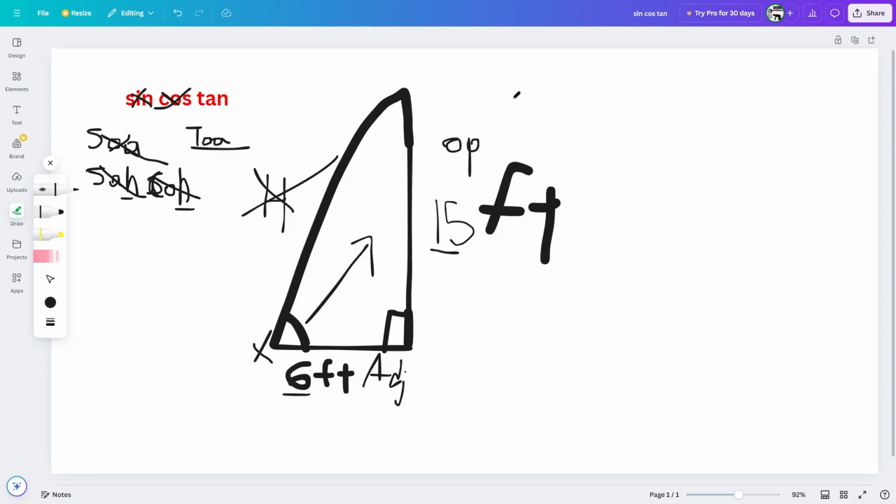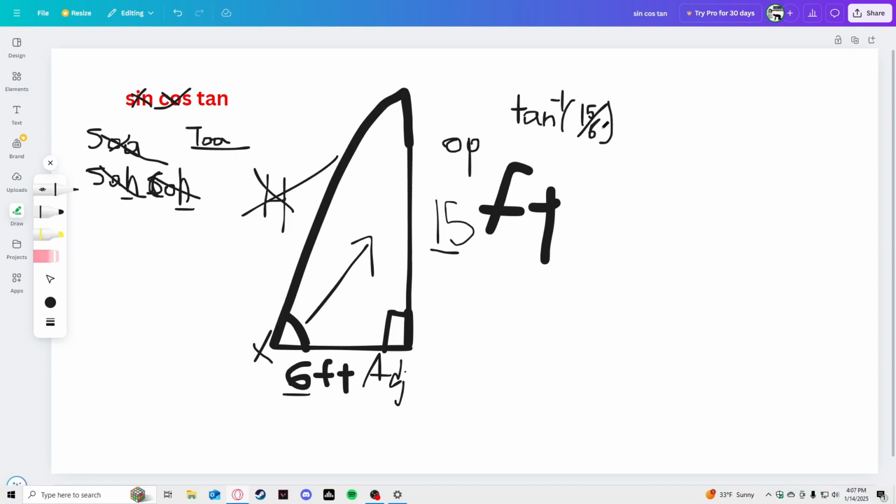So in situations like these, when we're not trying to find the length but the angle, we don't use normal tan in our calculator, but we do tan to the power of negative 1. Then we put in our numbers, first 15, because it's opposite over adjacent, so 15 over 6.